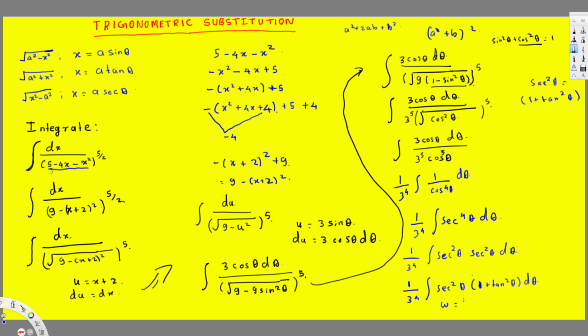W is equal to tan theta, and the derivative is going to be sec square theta d theta, right? So we have sec square theta d theta, and if you look at this, this is this value right here. So I can replace this with dw, and this one with w square. So let's continue maybe with a different color. Okay, here we go. So I'm going to write everything in terms of w.